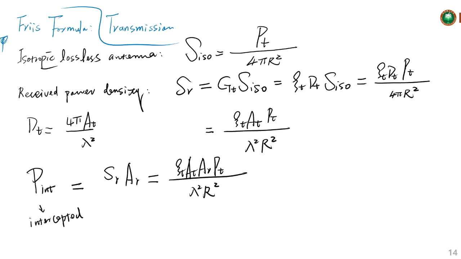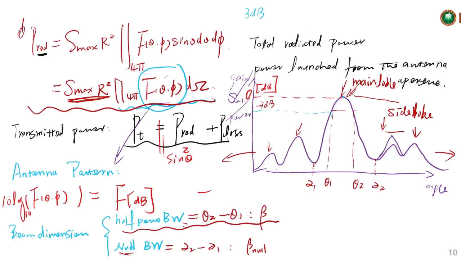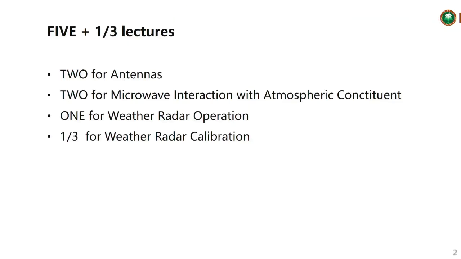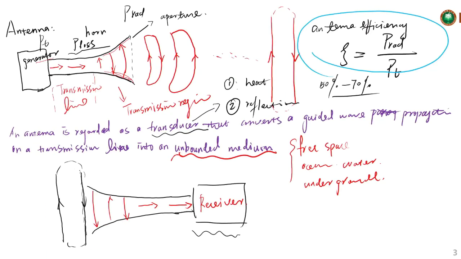And further, we needed to know the integration of the received power. So this is just the intercepted power, that means the power collected by the aperture here.